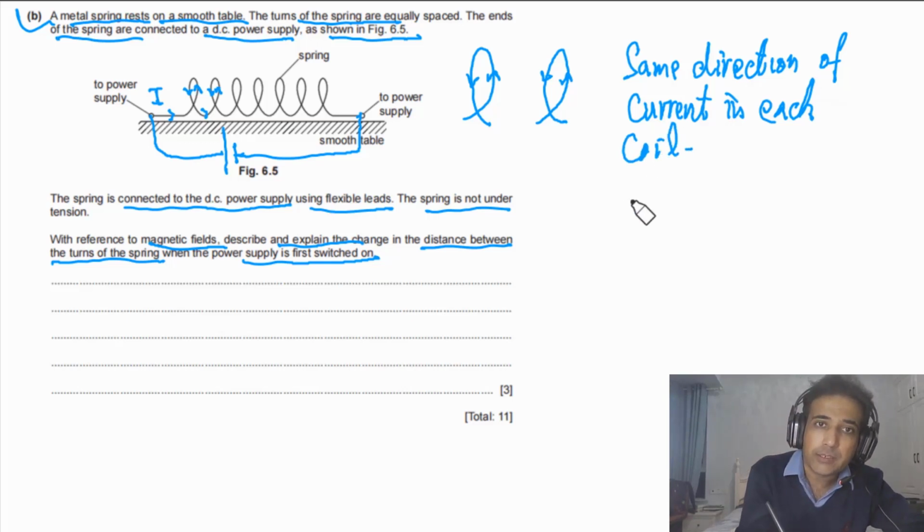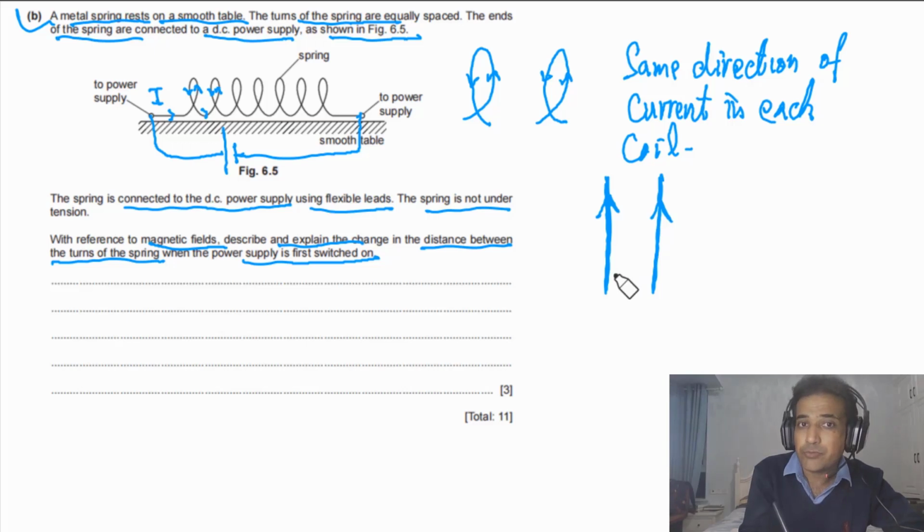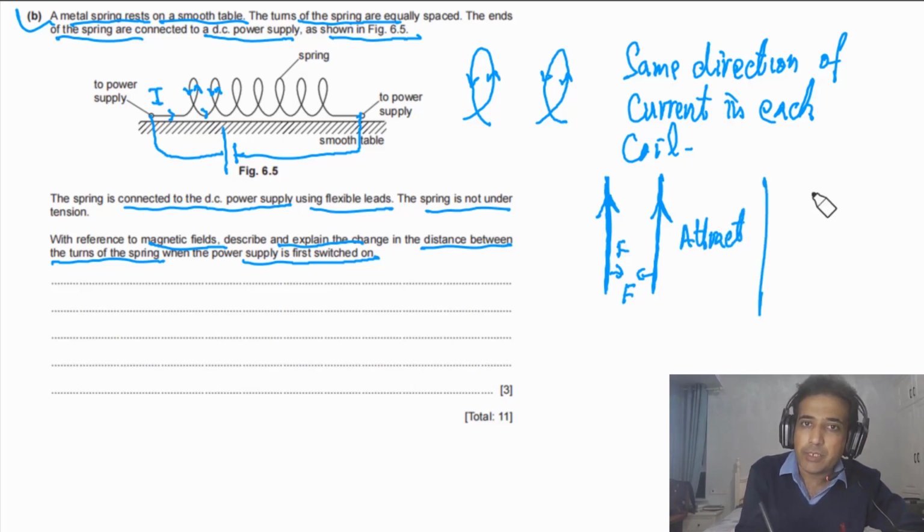Now you need to understand a very basic concept: if we have two wires with current flowing in the same direction, these two wires will attract each other. But if current flows in the opposite direction, meaning current in one wire is up and in the other wire current is down, they will repel each other.